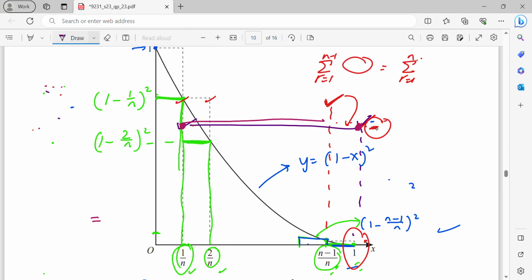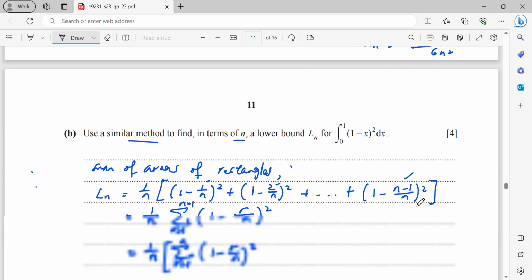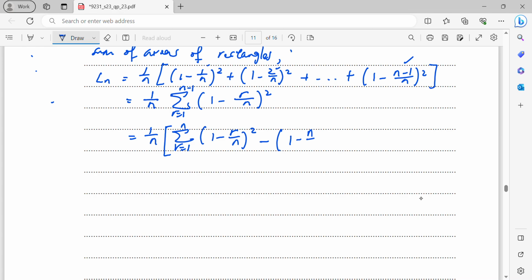This is r from 1 to n, and the orange color is r from 1 to n minus 1. So that means the orange color is the purple color minus this part. It should be minus, and the last part is 0. So here I should write minus 1 minus n over n, squared.